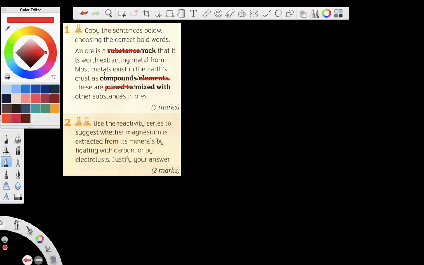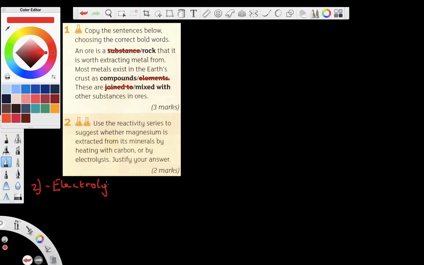Question 2. Use the reactivity series to suggest whether magnesium is extracted from its minerals by heating with carbon or electrolysis. Explain your answer. So for number 2, 2 marks. For 1 mark, you should have said electrolysis.